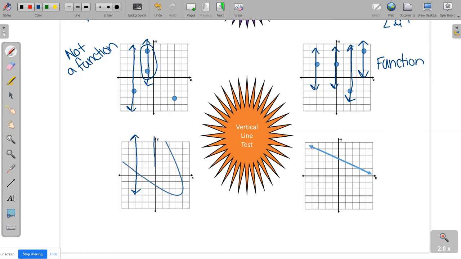It passes there, it passes there, but once we get over here, it hits this line twice. I know my line's not perfectly straight, but no matter where you hit over here, it would hit more than once. So this one again is not a function. And then the last one, vertical line test, going straight up and down. And it passes the vertical line test, so it makes it a function.